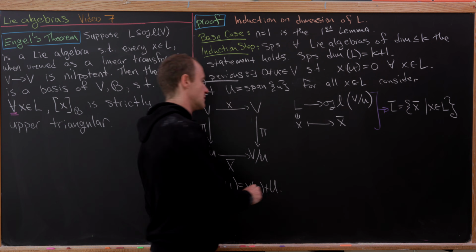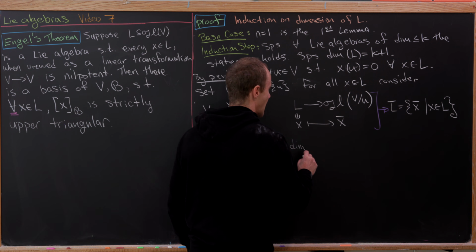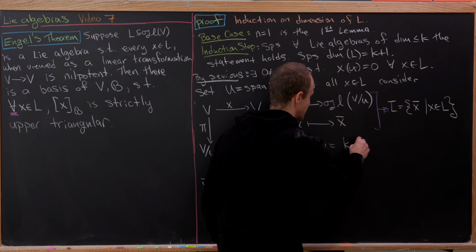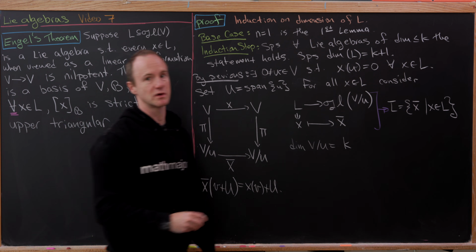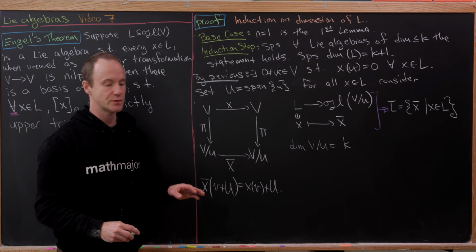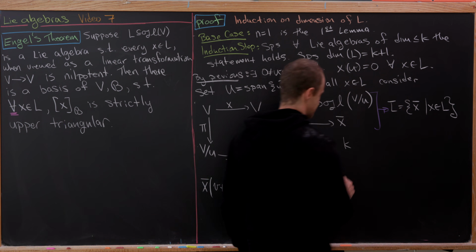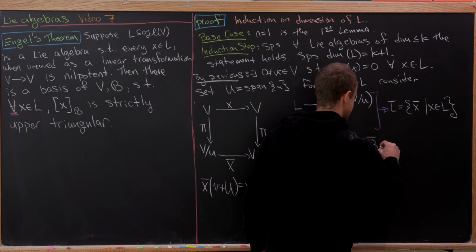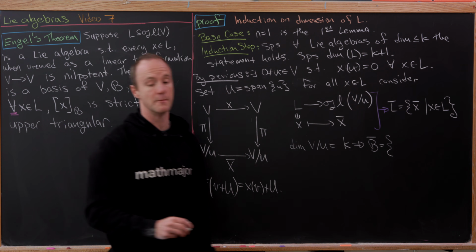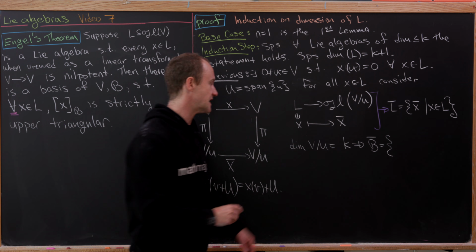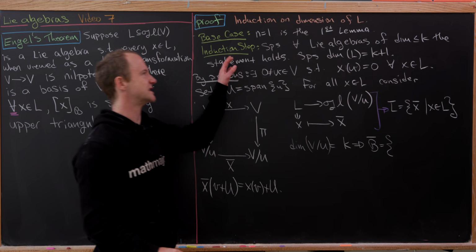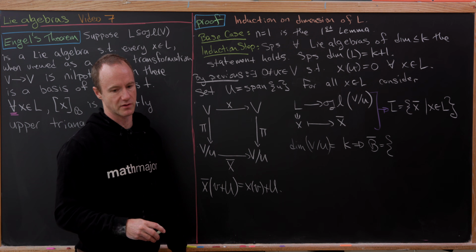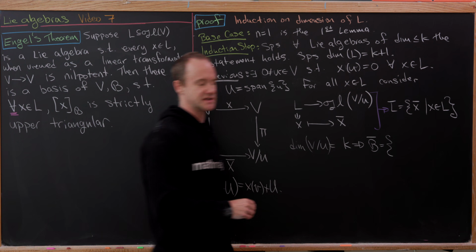But let's note that the dimension of V mod U is equal to k, which is less than or equal to k. That means we can apply the induction hypothesis. That induction hypothesis gives us a basis, which I'll call B bar, of V mod U that simultaneously makes these matrices strictly upper triangular. So let's write down this basis.